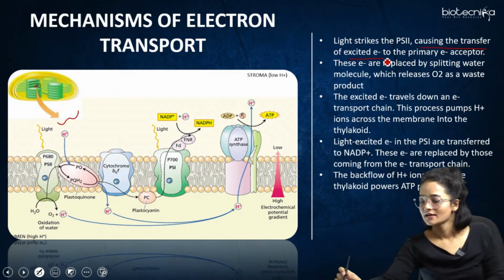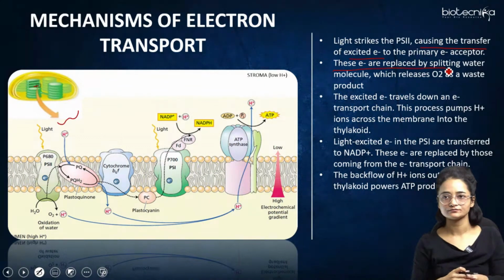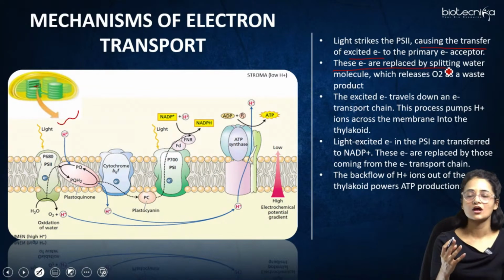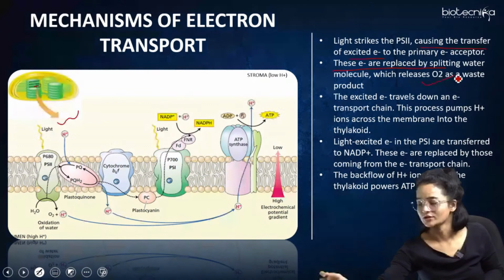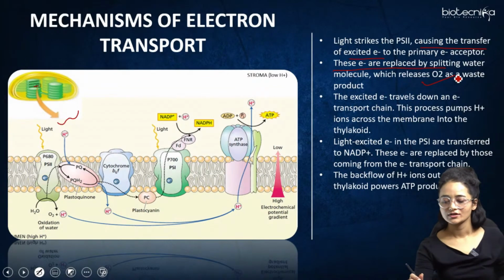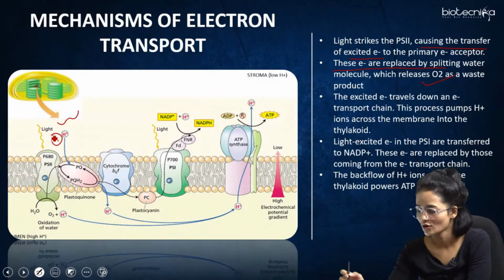These electrons are replaced by the splitting of water. Water, when it splits, produces 4 H+ ions, and these electrons replace them, releasing O2 molecules. Oxygen is released as a waste product. So this is the first step it is talking about.